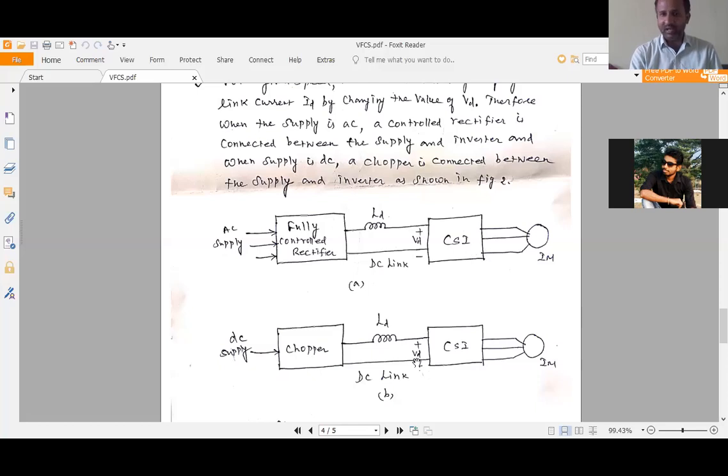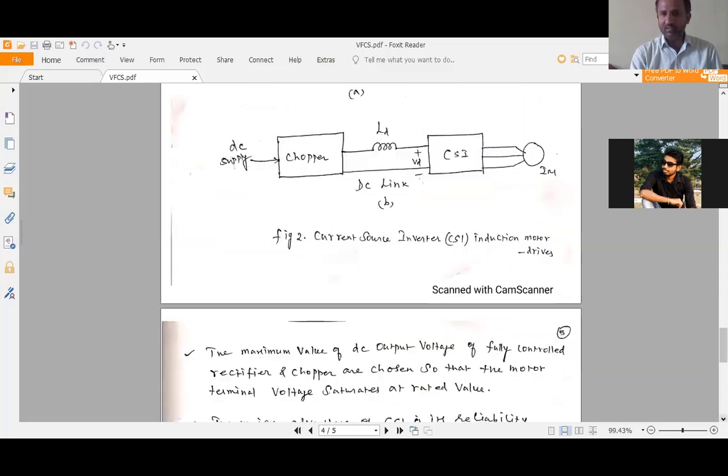Here I have written that a controlled rectifier is connected between the supply and the inverter, and when the supply is DC, a chopper is connected between the DC supply and the current source inverter, as shown in the figure.